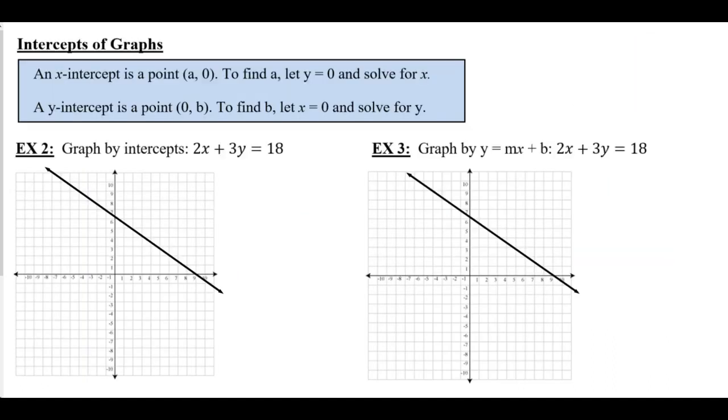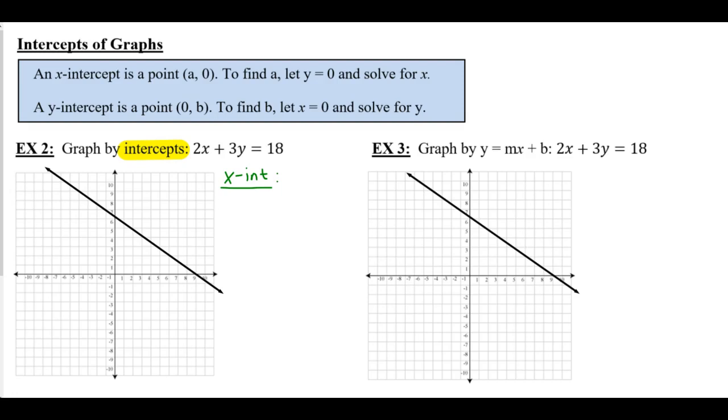So it says graph by using intercepts. So we need to find the x-intercept and the y-intercept. So let's go ahead and do the x-intercept first. There's a little bit of space between the graphs here you can draw in. And just a second ago, we learned if we're on the x-axis, what do we already know y is? 0.